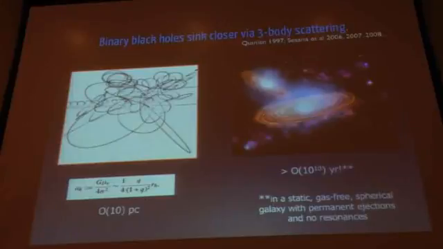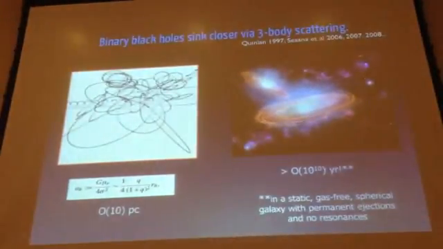That takes energy and angular momentum away from the binary, and the binary gets closer. And the kicker is that this process is supposed to take over a Hubble time. And the punchline is that this is true for a static, gas-free, spherical galaxy model at equilibrium with permanent ejections and no resonances, etc. So I'm going to break this down and show you a more modern look at the problem.